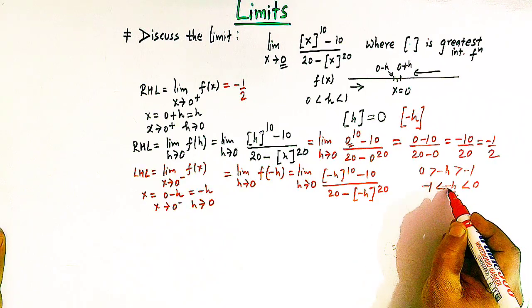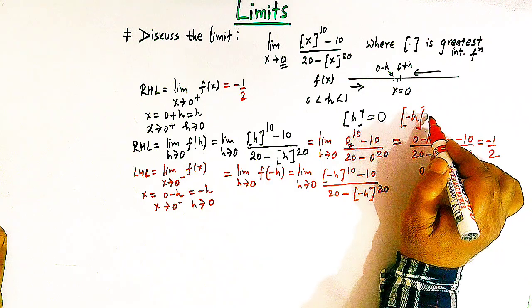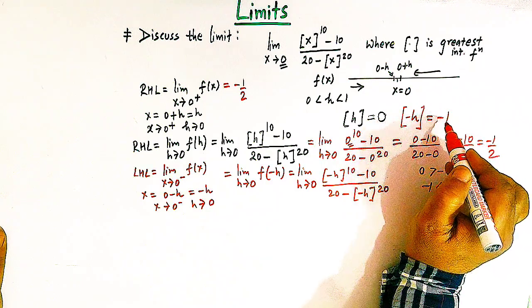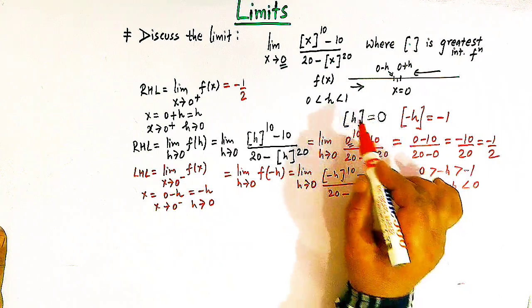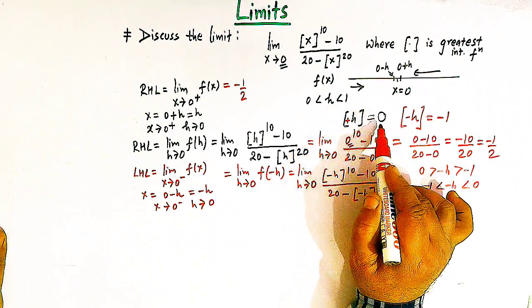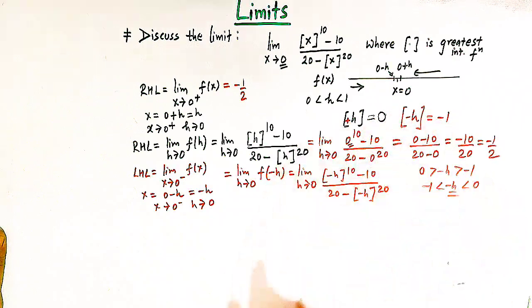So when minus h lies between minus 1 and 0, the greatest integer of minus h is equal to minus 1, right? We should remember that the greatest integer of positive h is always 0, and the greatest integer of negative h is equal to minus 1.